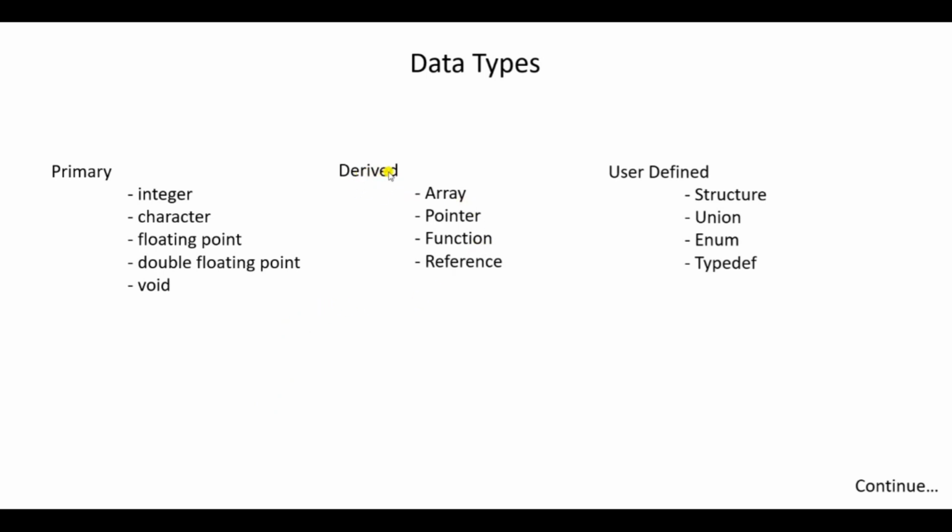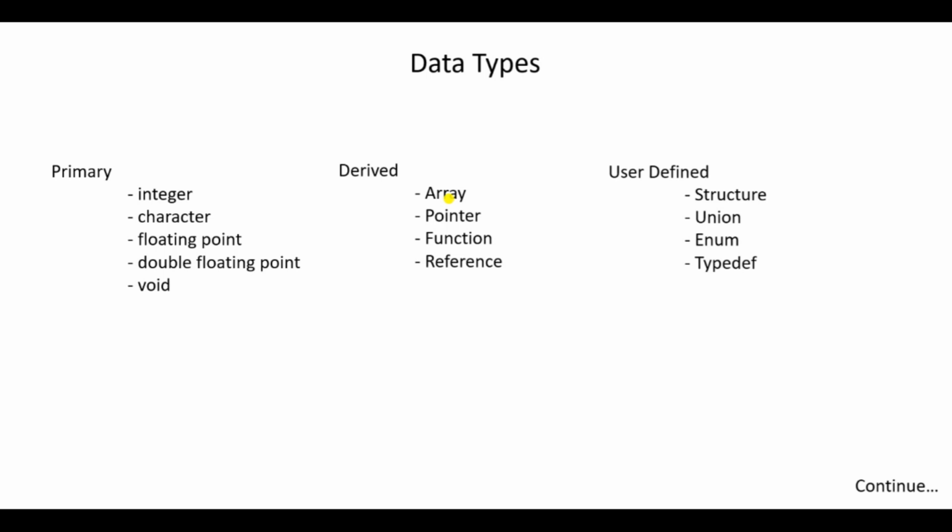Then comes derived type. Derived types are created on top of your primary data types, in a combination or in a form. If you are creating another data type, that is your derived. So if you take array, where you club multiple elements of the same type, that is called array.